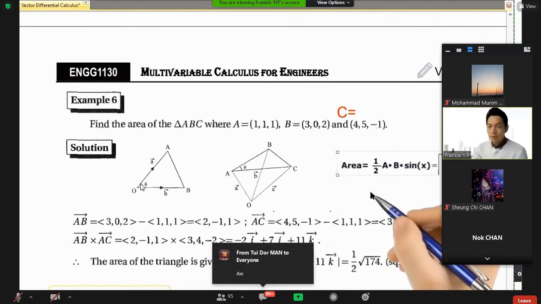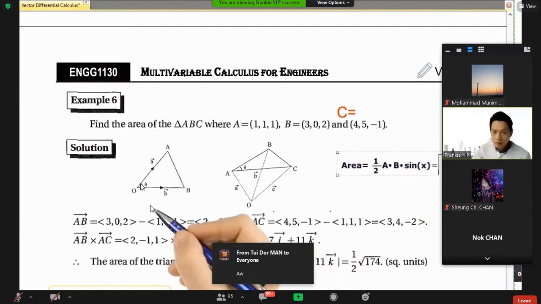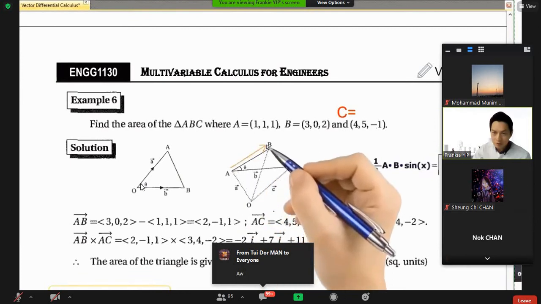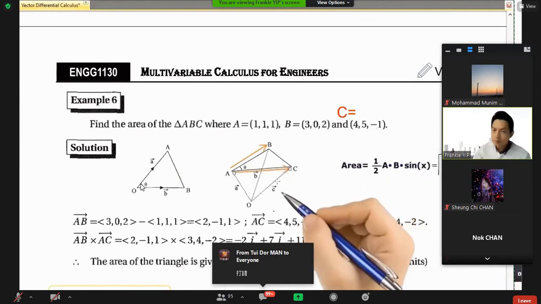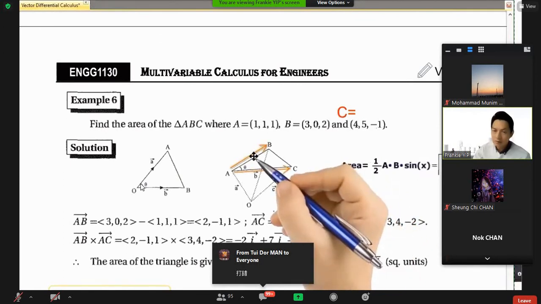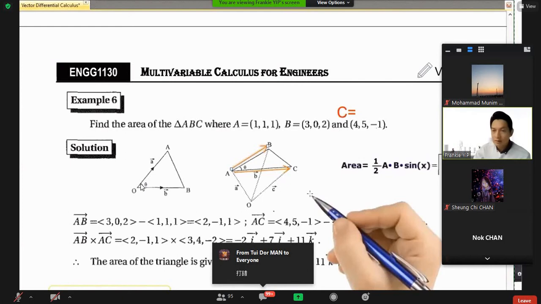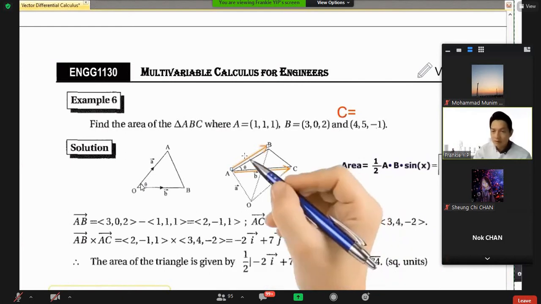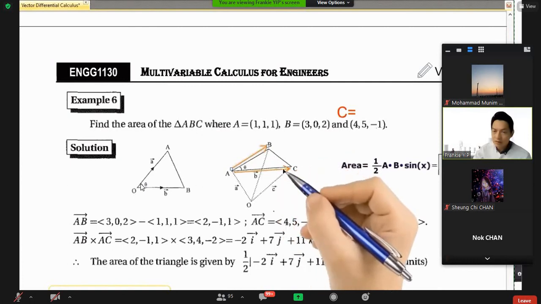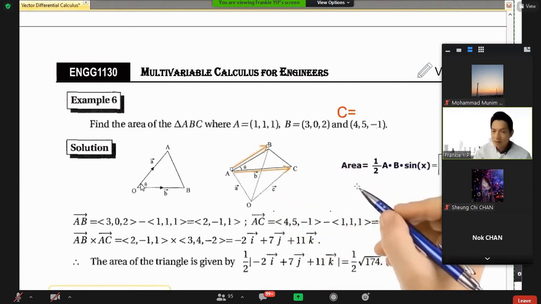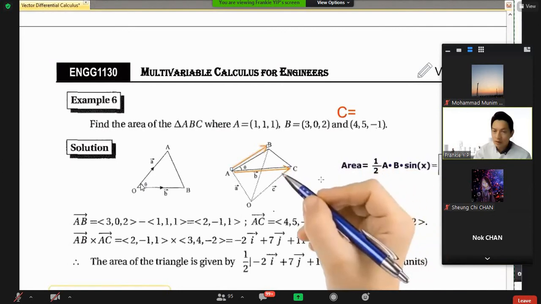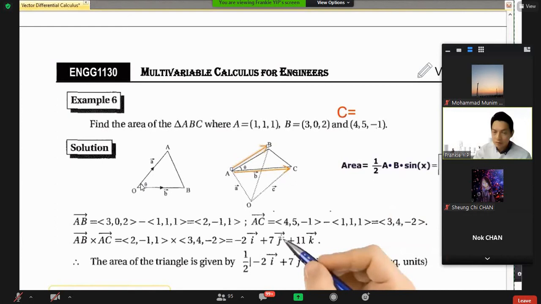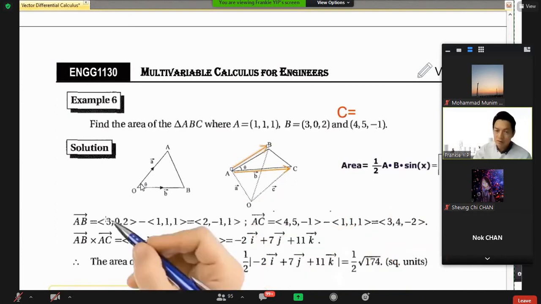We are going to find vector AB, and by a similar procedure, find vector AC. So this is vector A, this is vector B, something like that, and then we can find the area. So how can I get AB?